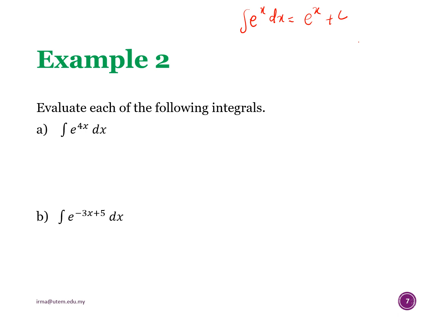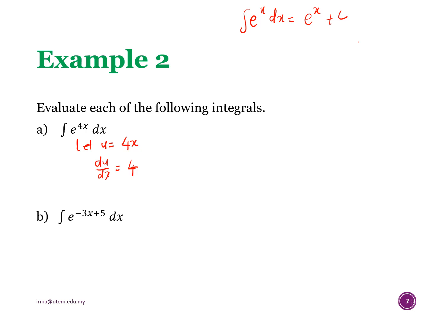To apply the substitution method, we let u equal to 4x. So we will have du over dx, which means we differentiate u with respect to x, and we have 4.